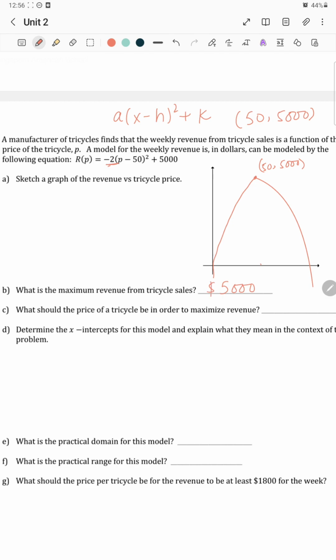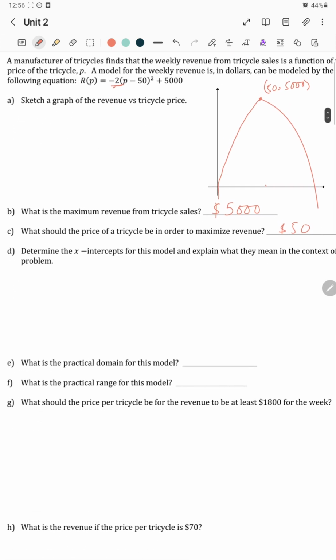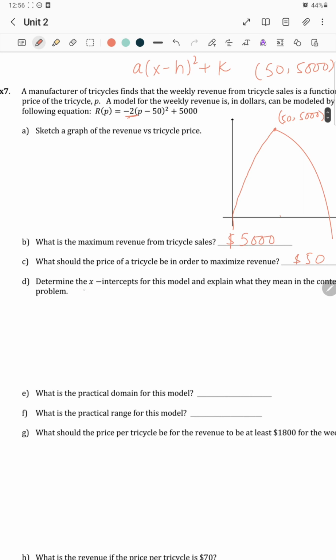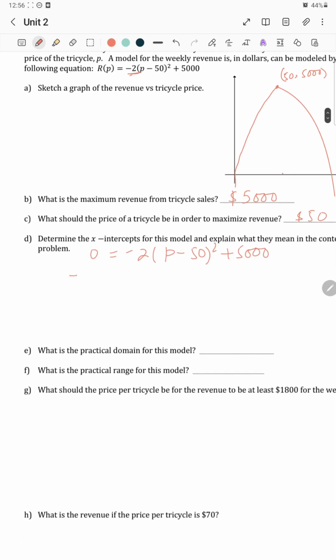What should be the price of the tricycle in order to maximize revenue? $50. Determine the x-intercept. For the x-intercept, we put y equal to 0, which is equal to minus 2(P minus 50) whole square plus 5000. 2(P minus 50) whole square is equal to 5000.